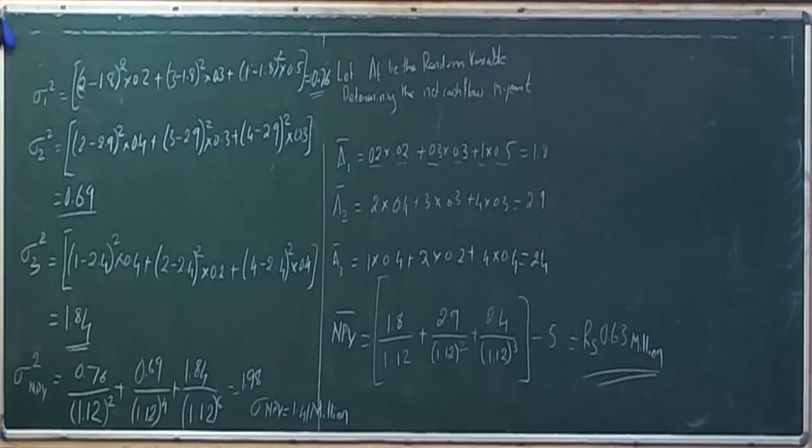This will give us 1.98. So the final standard deviation of the net present value is 1.41 million. This is the answer for this particular problem. So these are the stages. This is how we can calculate the expected net present value and the standard deviation of the net present value.